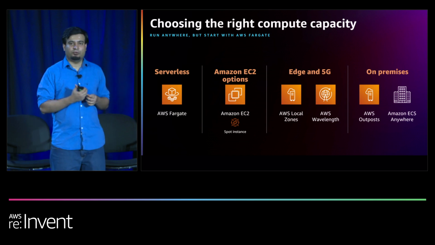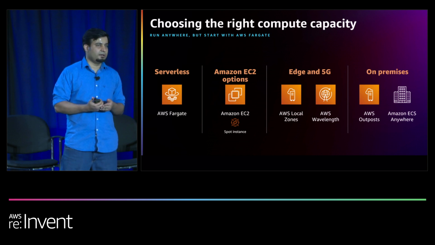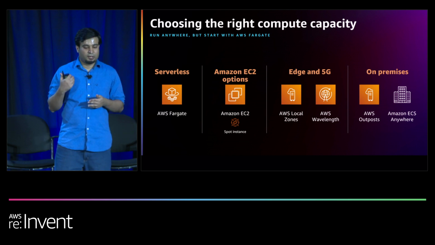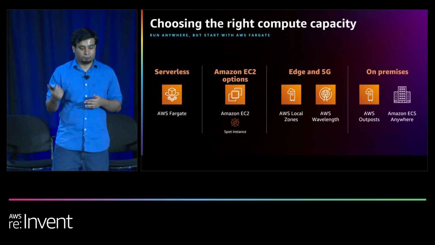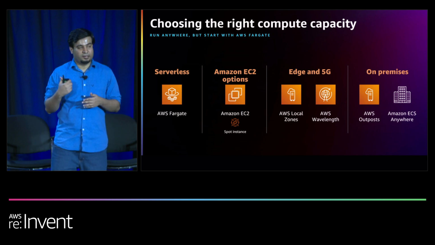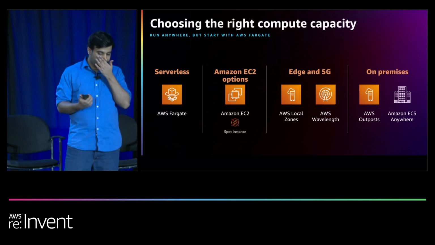Here, you have a wide list of compute options, as we saw earlier on ECS, right from traditional VMs on EC2 to serverless to edge and on-premises workloads with AWS Outposts, Amazon ECS Anywhere, Local Zones, and Wavelength.